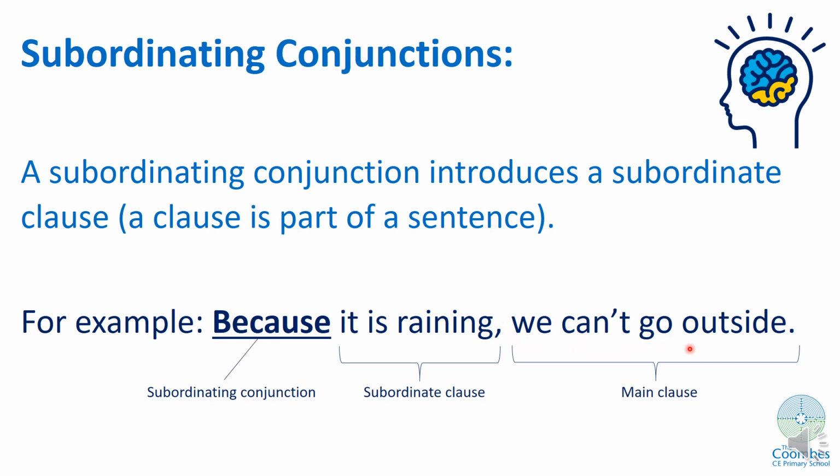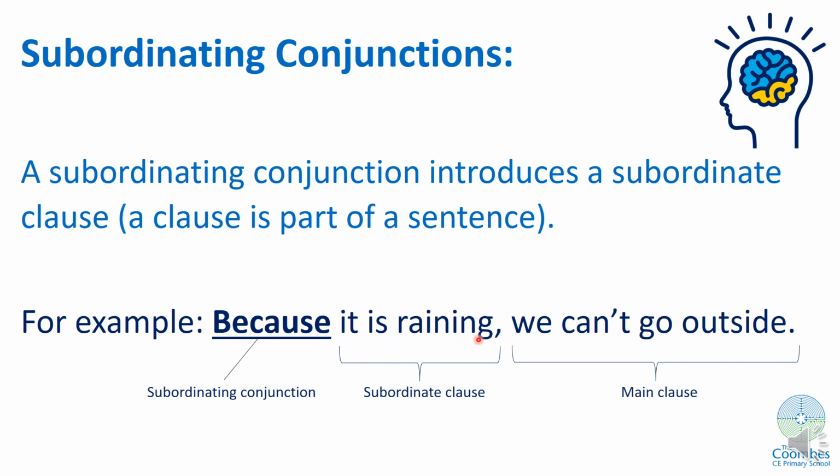We could just have this clause by itself. We can't go outside. But in this case, we also have a subordinate clause. This subordinate clause gives us a little bit more information about the sentence. In this case, why we can't go outside.